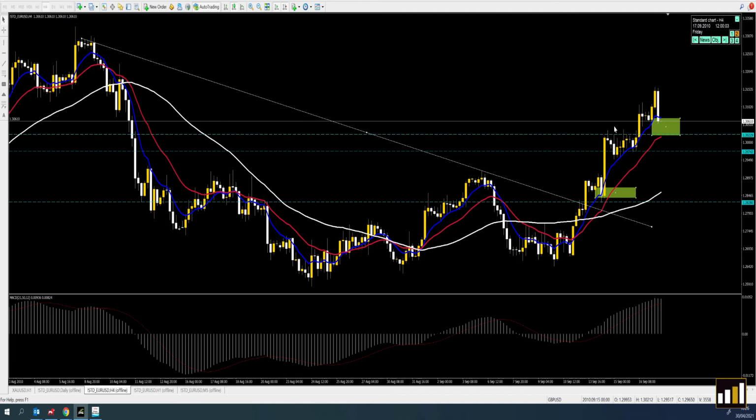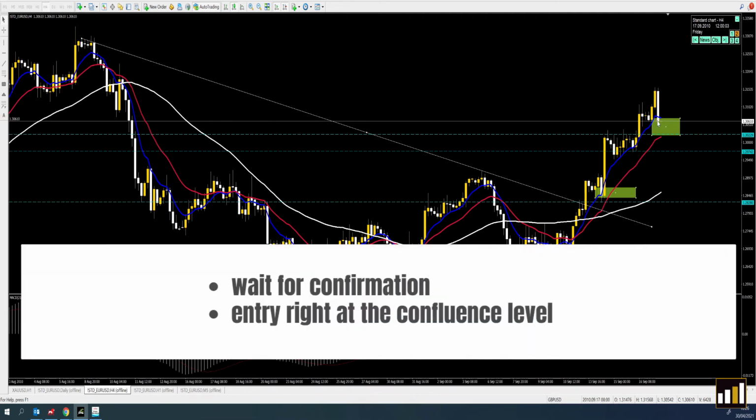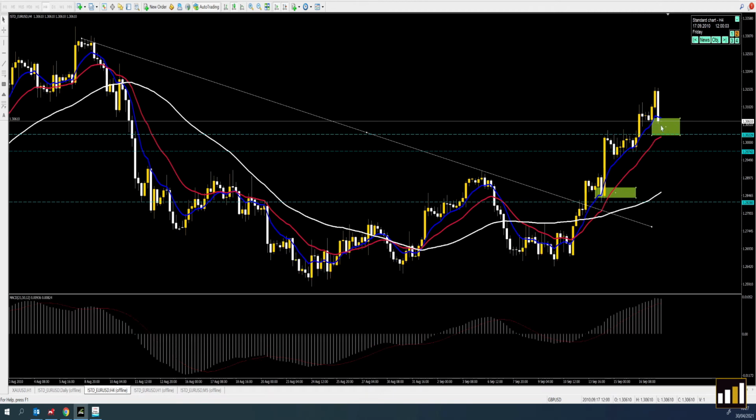So there are many different ways of buying in or taking an entry. You can either just buy based on the idea that price has come into the zone, or you could wait for some sort of a rejection of that area. So that's all up to you.